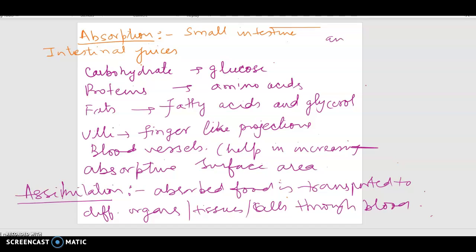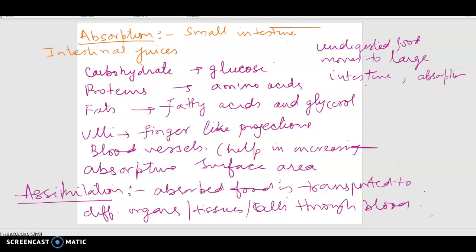Then the undigested food moves to the large intestine, where after absorption of water, waste is secreted out through the anus.